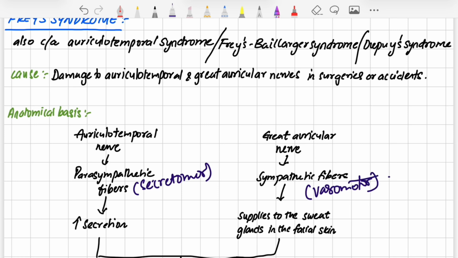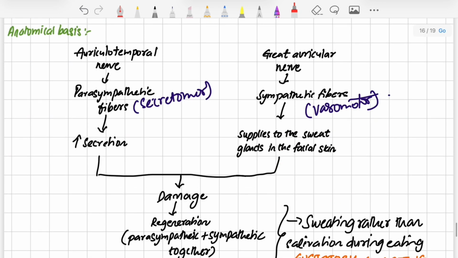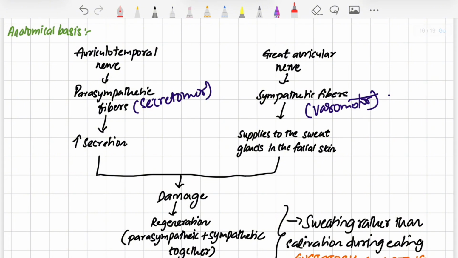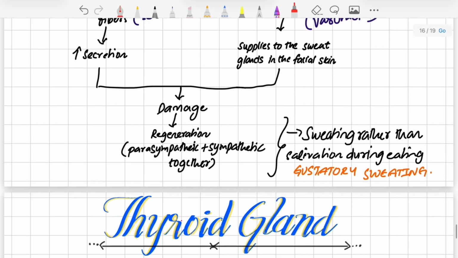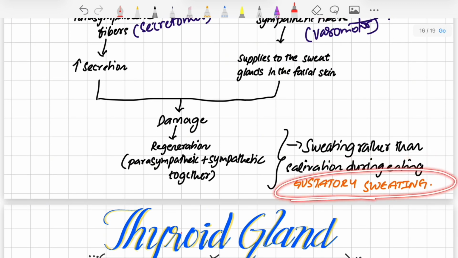Am I right guys? Now just think logically, these parasympathetic fibers increase the secretion. The sympathetic fibers supply the sweat glands of the facial skin. Okay. Now, when the damage happens, during the regeneration of these nerves, these two nerves grow together. They grow together and cause sweating rather than salivation, which is known as gustatory sweating.